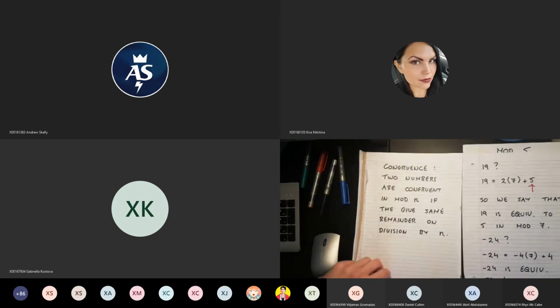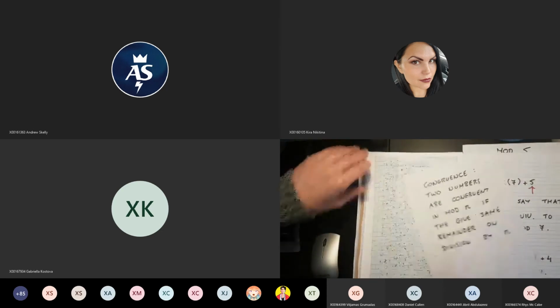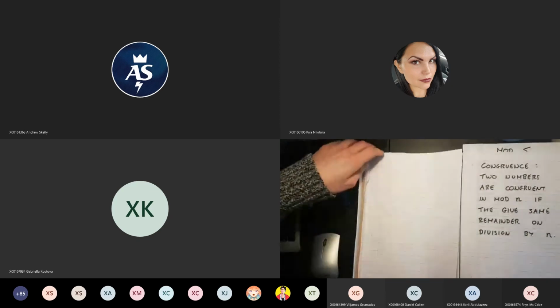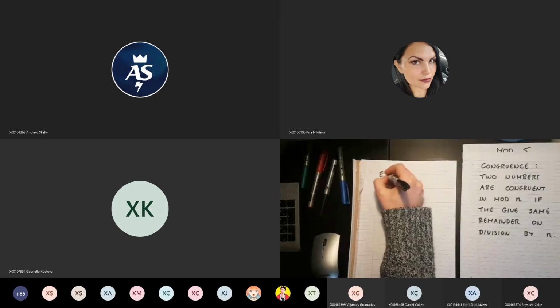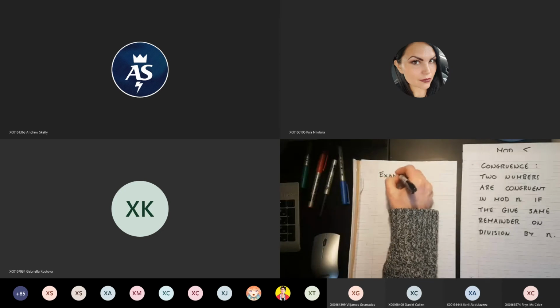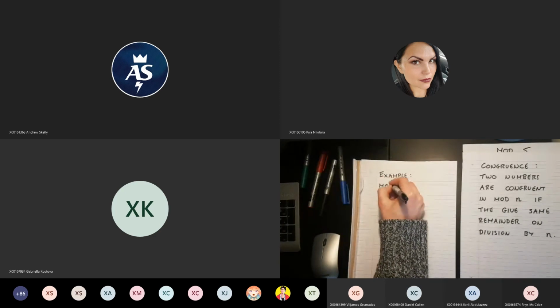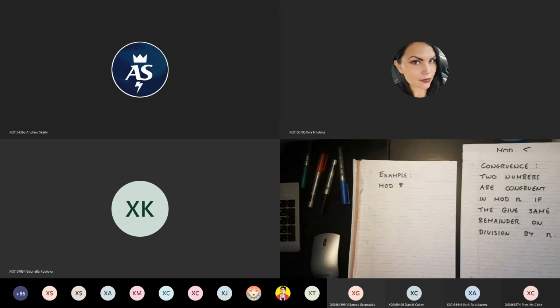Let me give an example of that, which is maybe not obvious. Let's choose the number mod 8. Why not? And let's say I have the number 21, and I have the number 53.